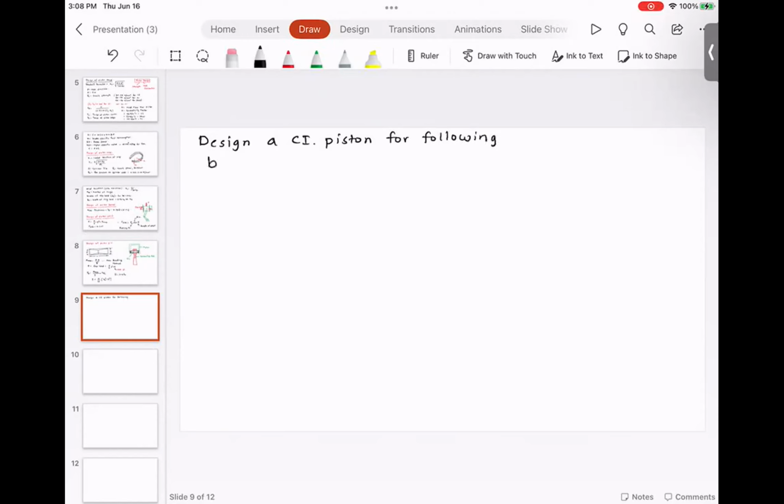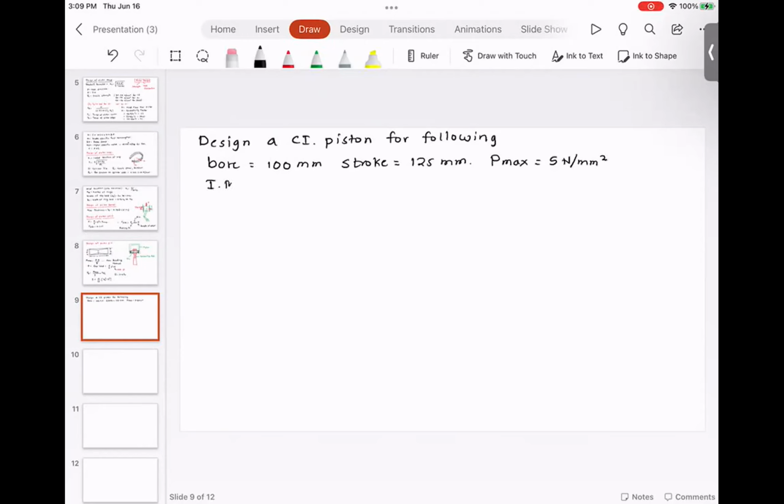The bore is 100 millimeter. Stroke is 125 millimeter. P max is 5 Newton per millimeter square.